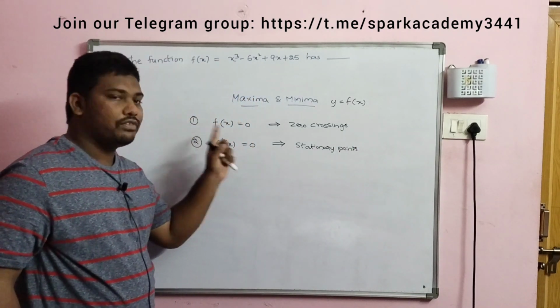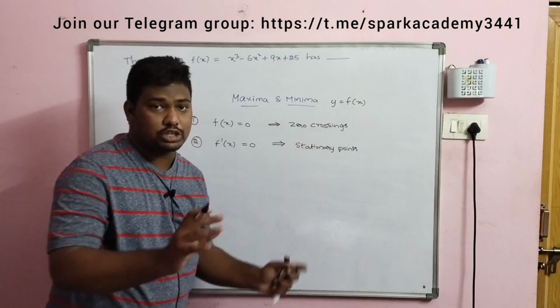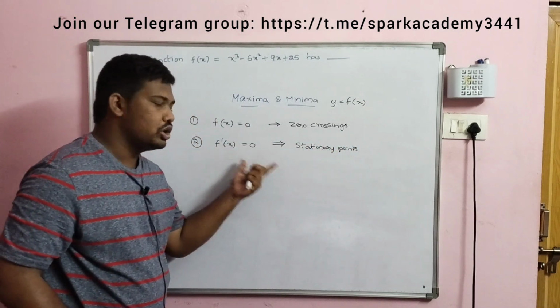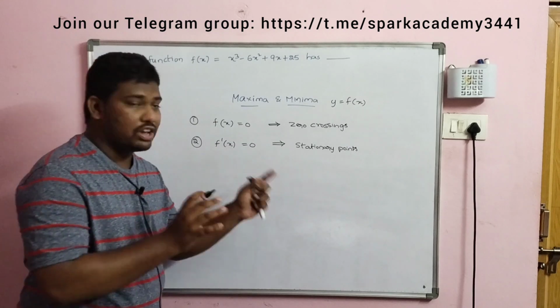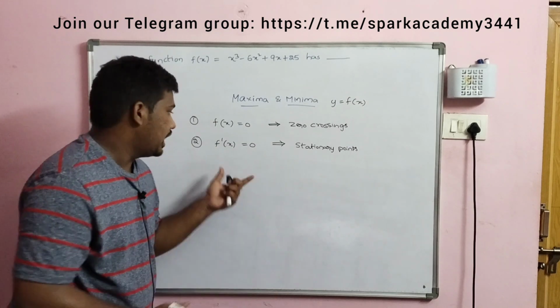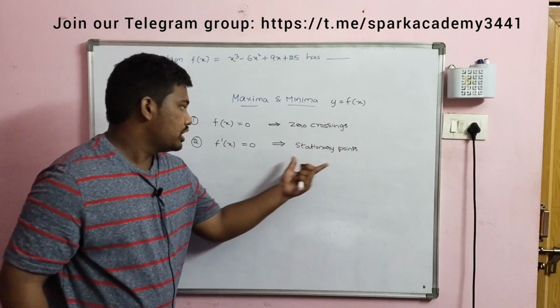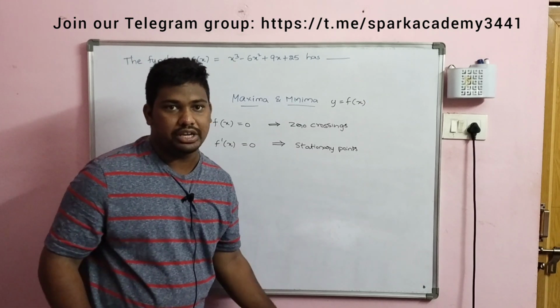If f of x is equal to 0, then the corresponding x values are called zero crossings. And if f dash x equal to 0, that is, if the given y function is differentiated and made equal to 0 and we find the respective x values, they become stationary points, right?